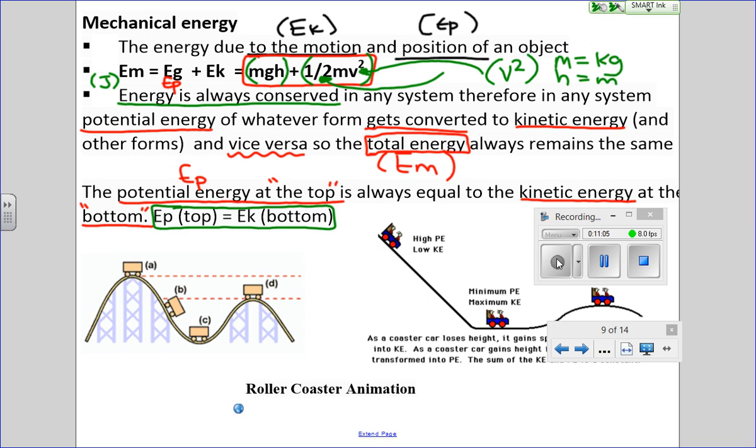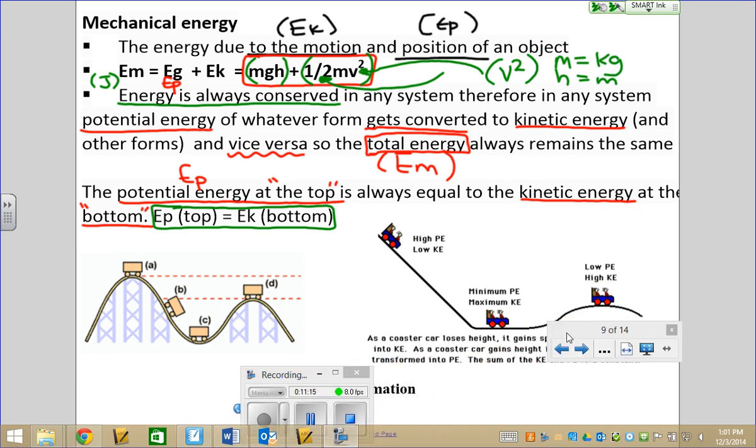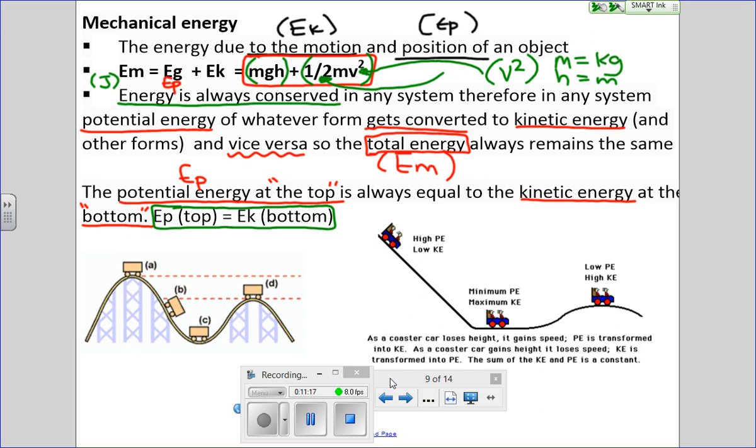And so I've got a couple of little pictures here to help illustrate to you what I mean by this. Both of my examples are with a roller coaster. So on the right, we have a very simple little roller coaster track. Over here, we'll call this the top.